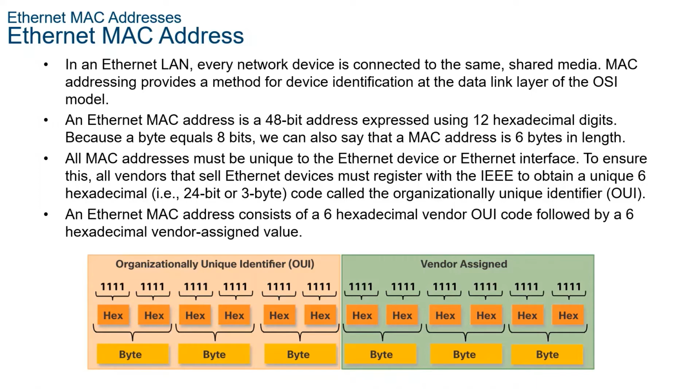The company would then configure the device with a unique vendor code such as 3A-07-BC. Therefore, the Ethernet MAC address of the device would be the combination: 00-60-2F-3A-07-BC. So that's how we combine it.